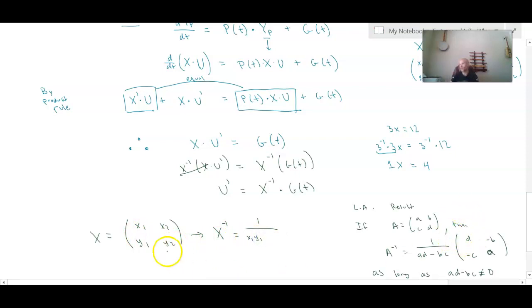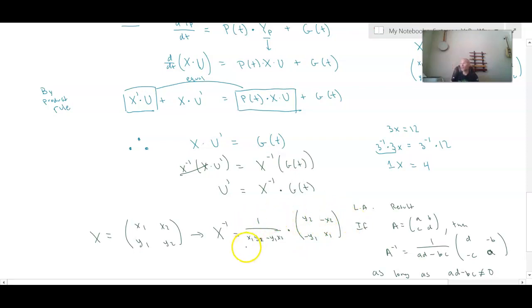These are values, these are functions. Minus, oh, I'm sorry, this should be y2. x1 y2 minus y1 x2, times, again, switching x1 and y2, and then negating x2 and y1.